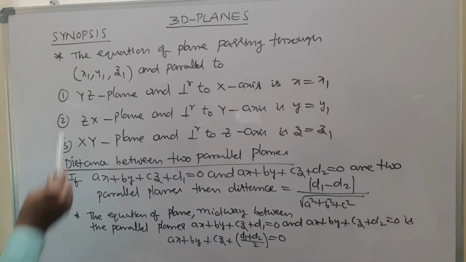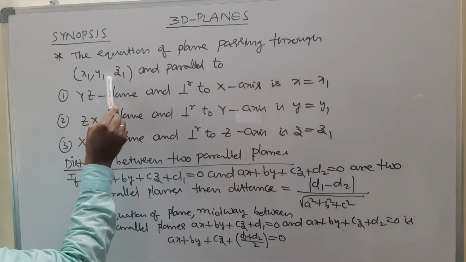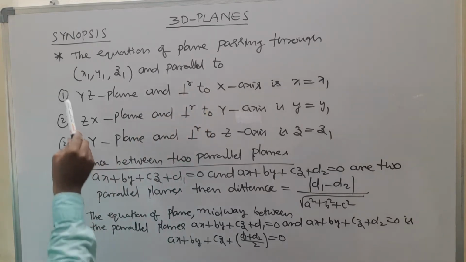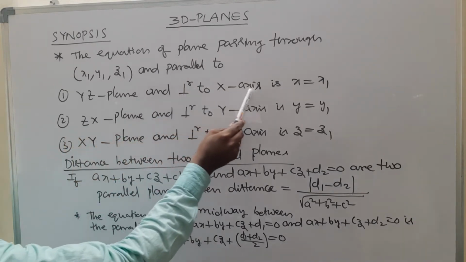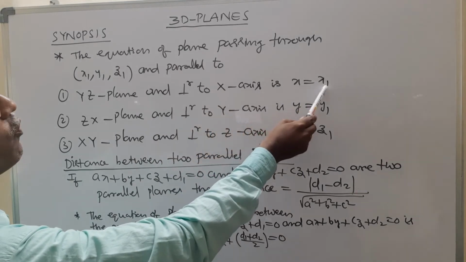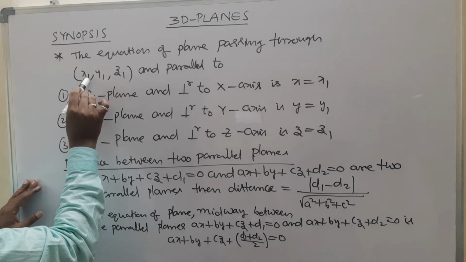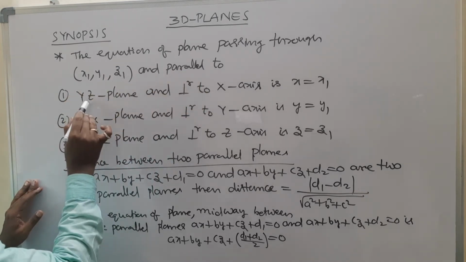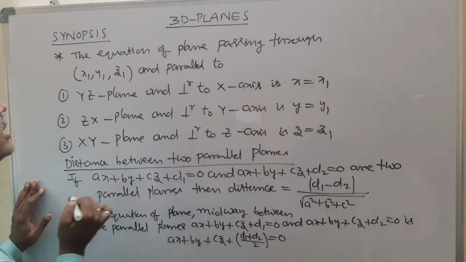Next one, the equation of plane passing through x1, y1, z1 and parallel to yz plane and perpendicular to x-axis is x equal to x1.